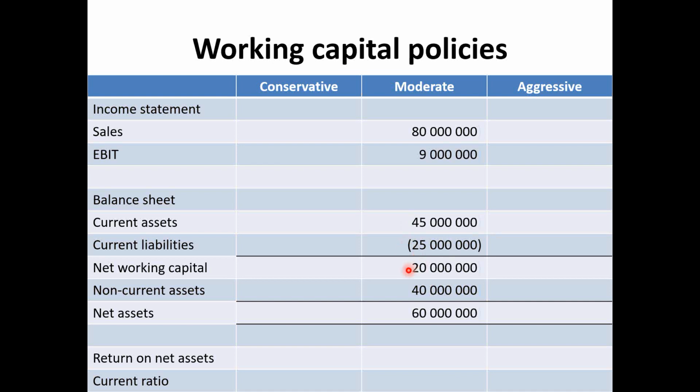So these would represent our permanent current assets, which are funded out of our long-term financing. We can then calculate the return on net assets as 15% and the current ratio at 1.8%.